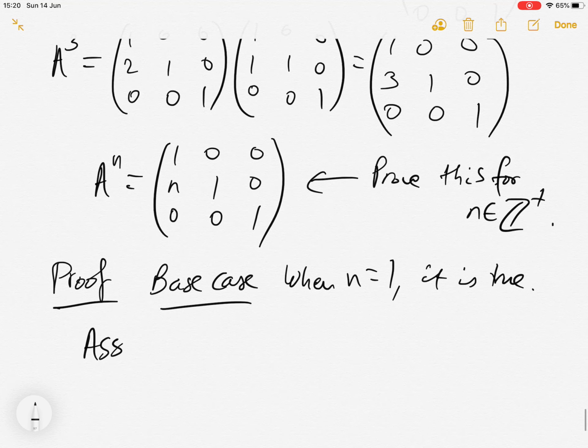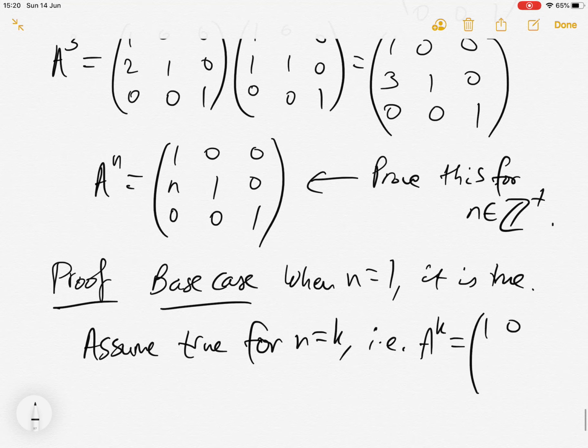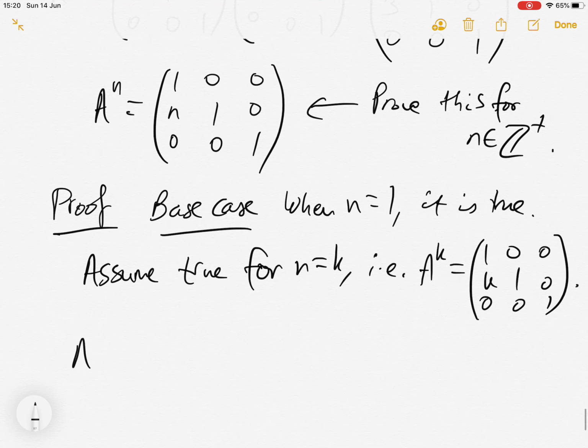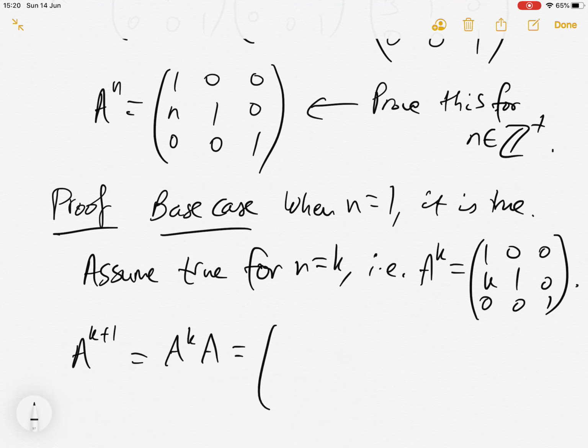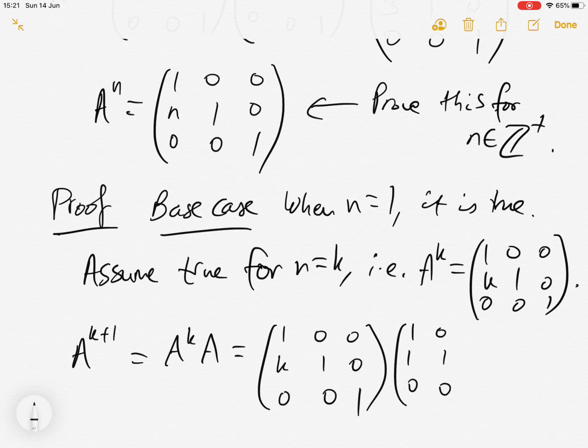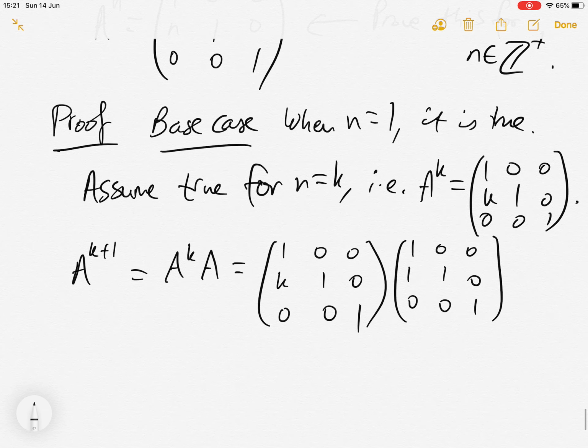Then we assume that the statement is true for n equals k. That is, we assume A to the k is 1, 0, 0, k, 1, 0, 0, 0, 1. And then we want to consider A to the k plus 1. That's the same as A to the k times A. A to the k is this matrix, and A is this matrix.